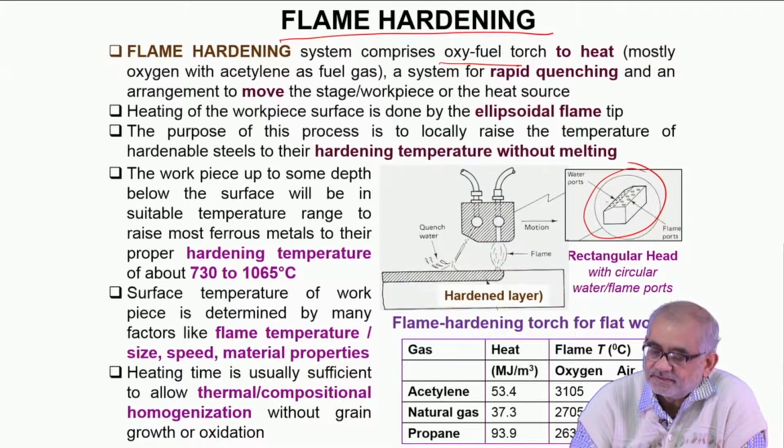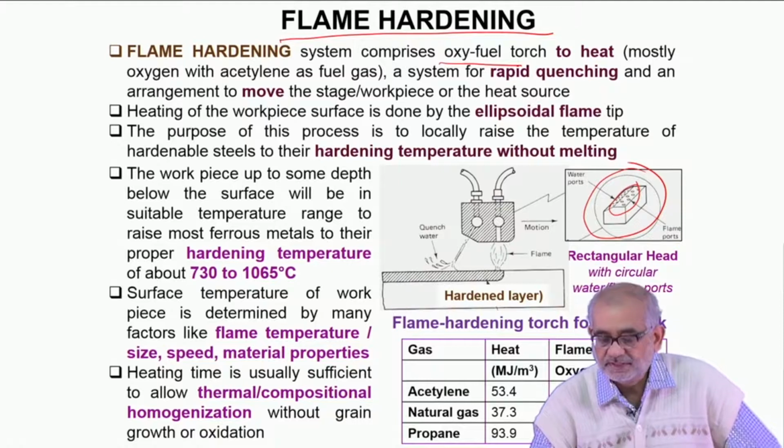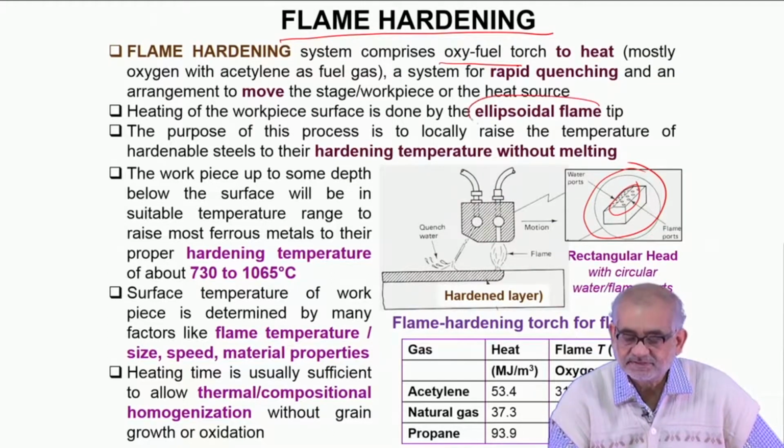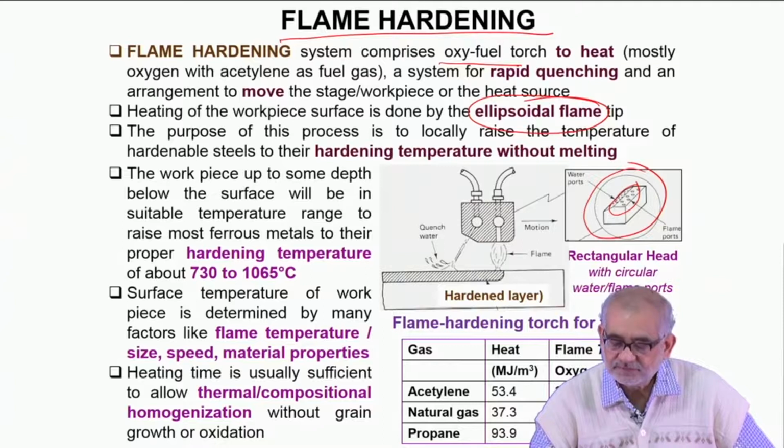This top portion is primarily to throw the oxygen and acetylene combination, and by combustion of these gas mixture we get very high temperature at the tip. The tip typically takes up the ellipsoidal form, and then from the sides of the burner nozzle we also have orifices or openings through which we can throw water.